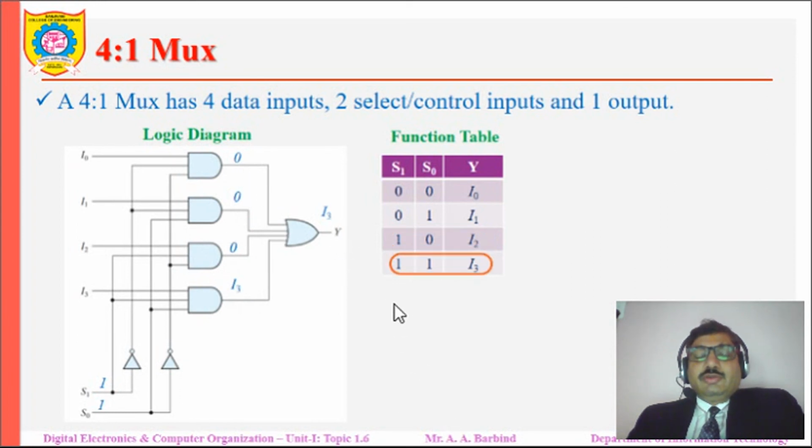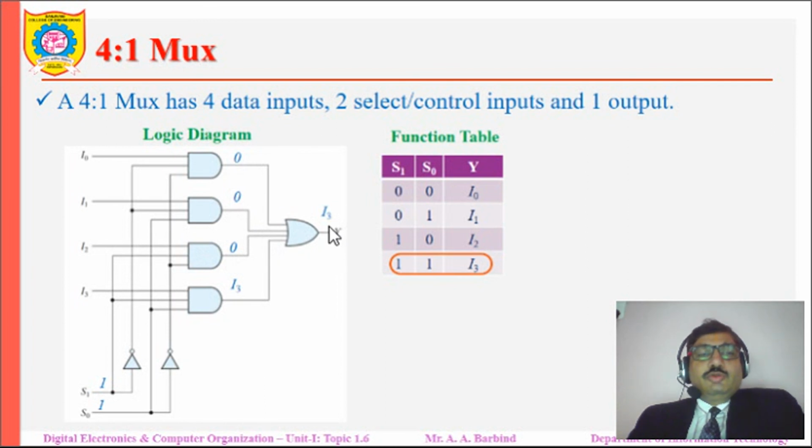And finally, when S1, S0 are 1, 1, then the last AND gate's two inputs are 1, 1, so its output will be I3, and at least one input of the upper 3 AND gates is 0, so their output will be 0 and the output is I3.